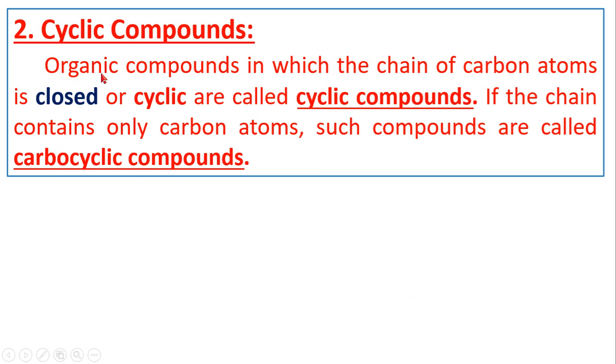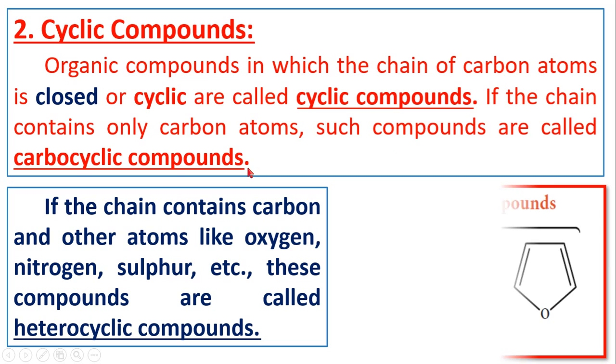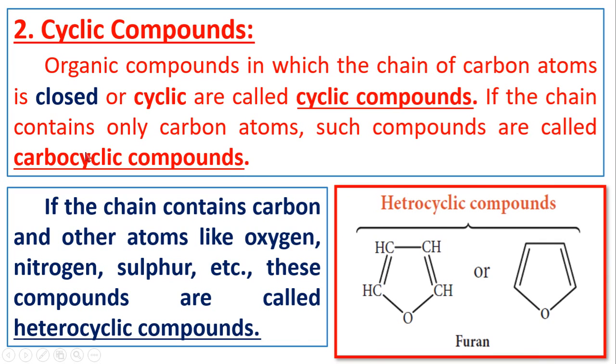Cyclic compounds. Organic compounds in which the chain of carbon atoms is closed or cyclic are called cyclic compounds. If the chain contains only carbon atoms, such compounds are called carbocyclic compounds.